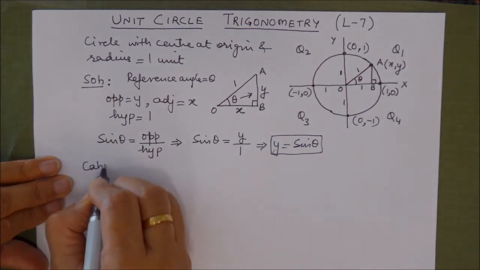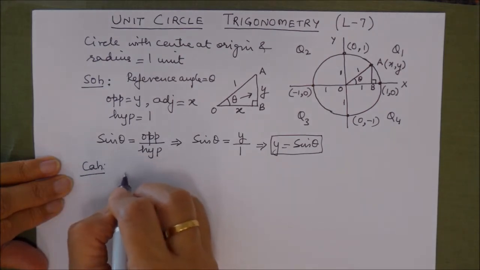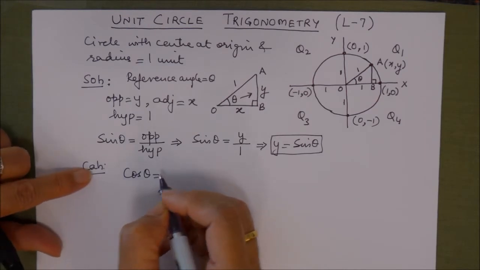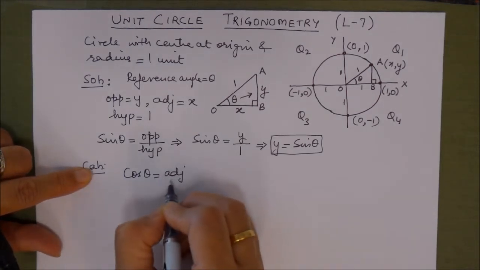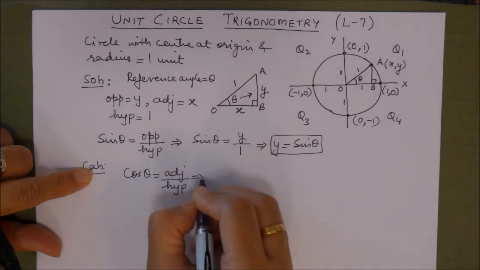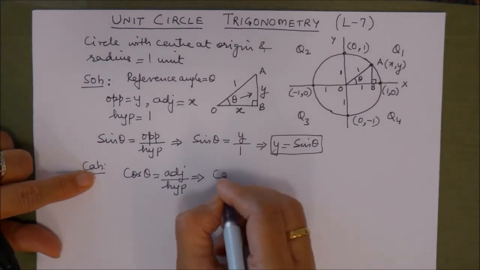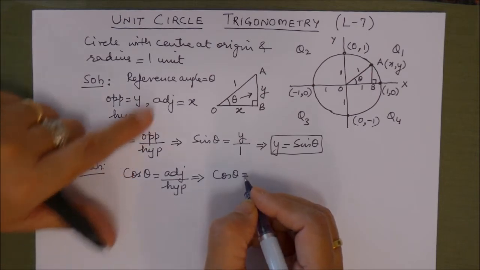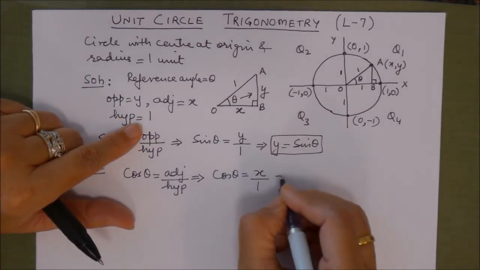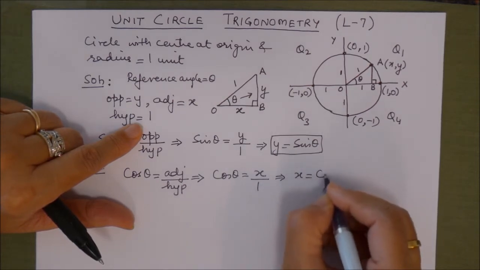Again, cosine of theta is equal to adjacent upon hypotenuse. So cosine of theta is adjacent is x and hypotenuse is 1. That means x is cosine theta.